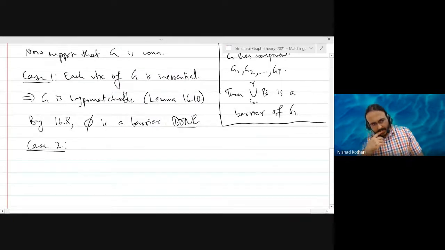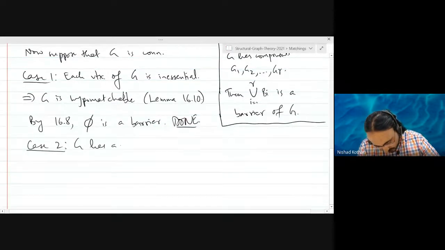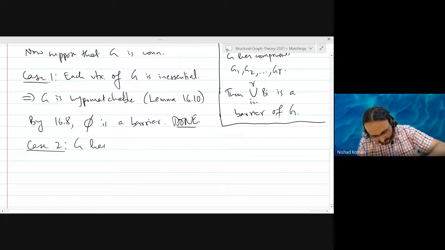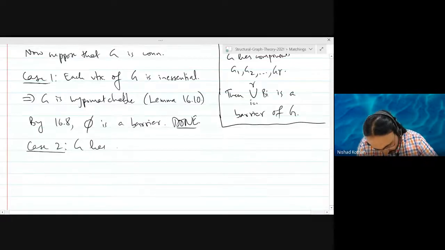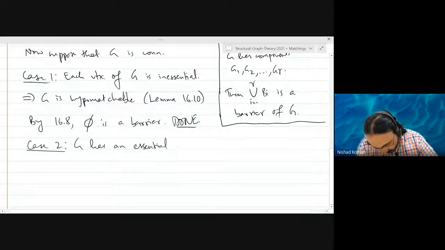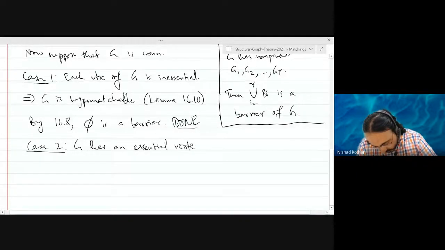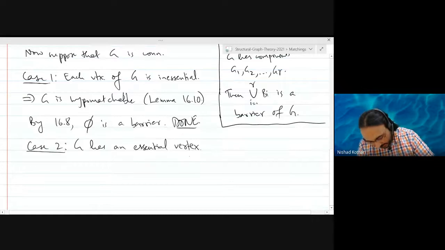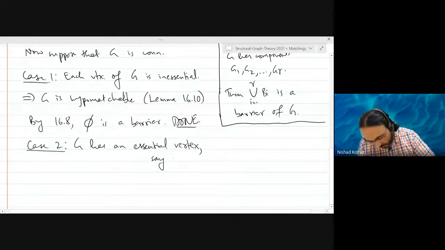All right. So now let us suppose that G has an essential vertex, and let V be any such vertex.